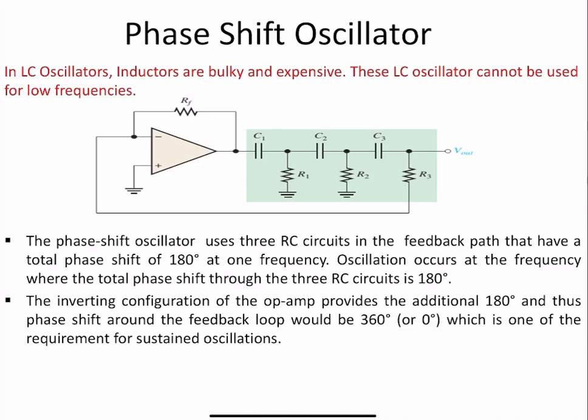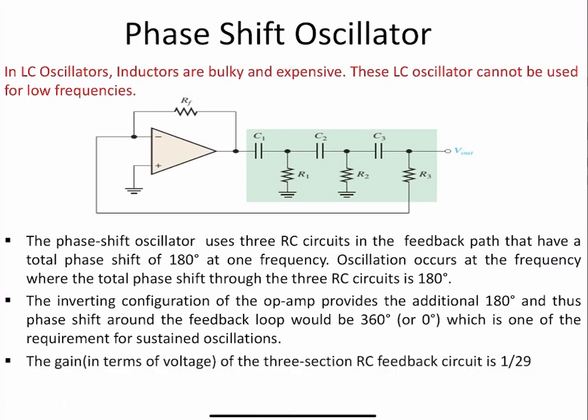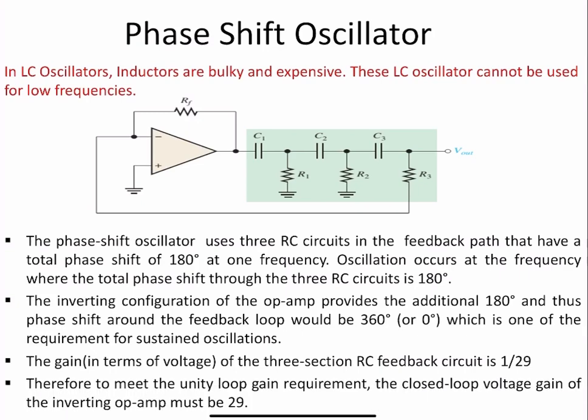The gain of these three sections, if identical sections are used, will be 1 by 29 at the resonant frequency of oscillation. Therefore, to meet the unity loop gain requirement, the closed loop voltage gain of the inverting op-amp must be 29. This is another requirement of the Barkhausen criteria.